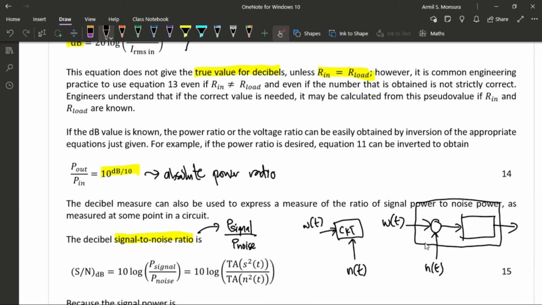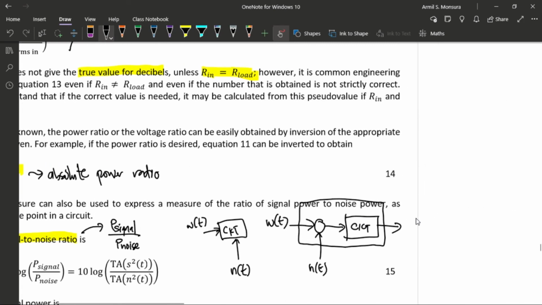So, the circuit essentially adds the two waveforms, and then processes the sum and produces an output waveform. Say that output waveform is y of t. Now, this y of t both contains your processed information bearing signal and your noise waveform.